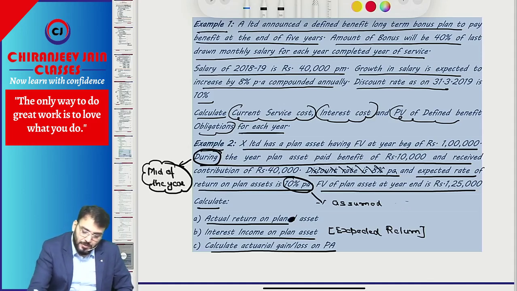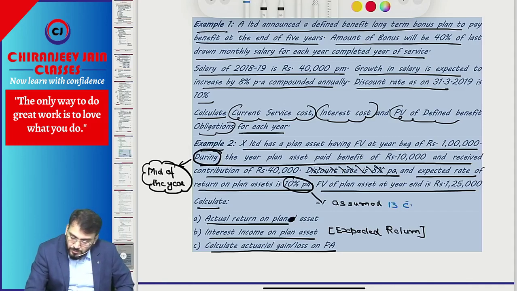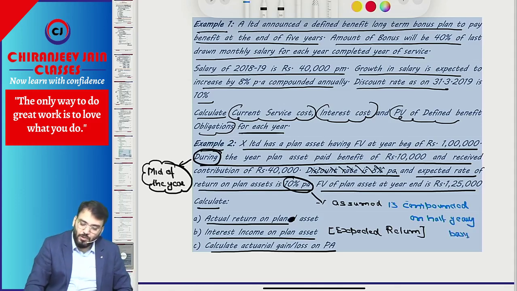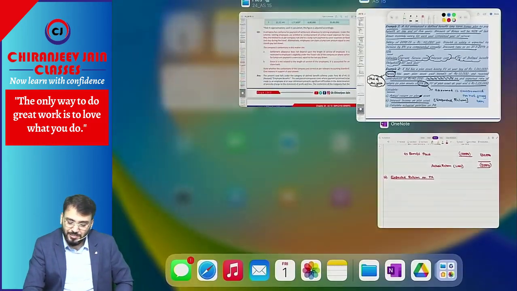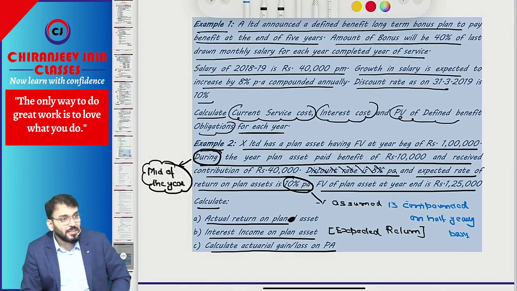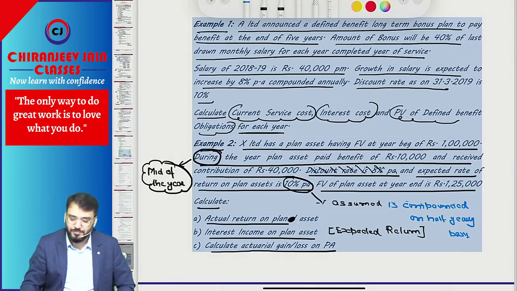So assume 10% per annum is compounded on half yearly basis. Now how will you calculate? You have written this now. Assume it is compounded on half yearly basis.